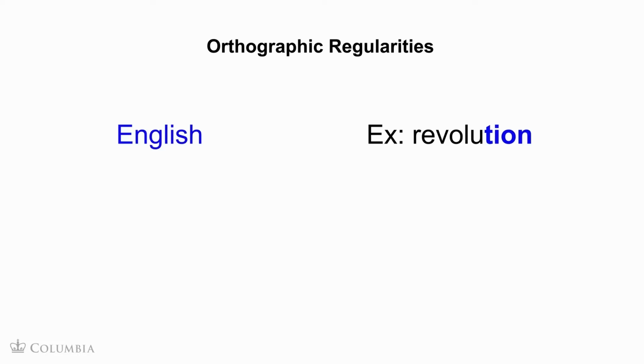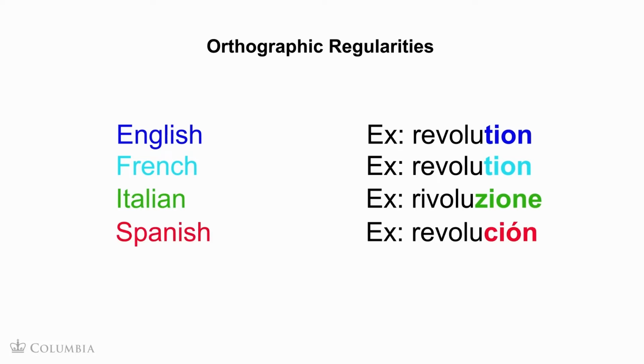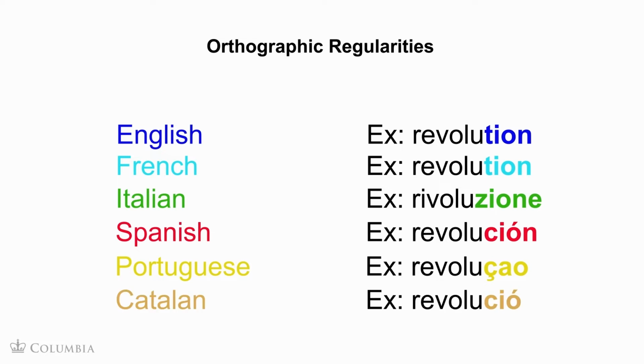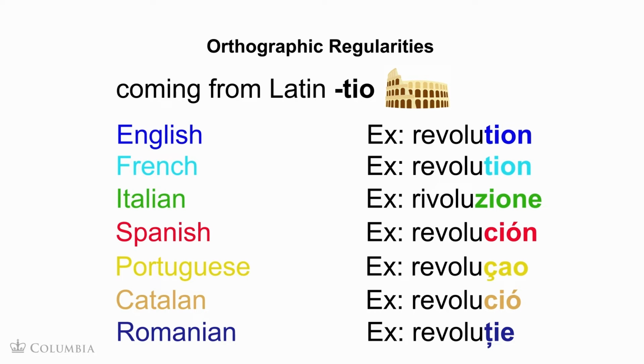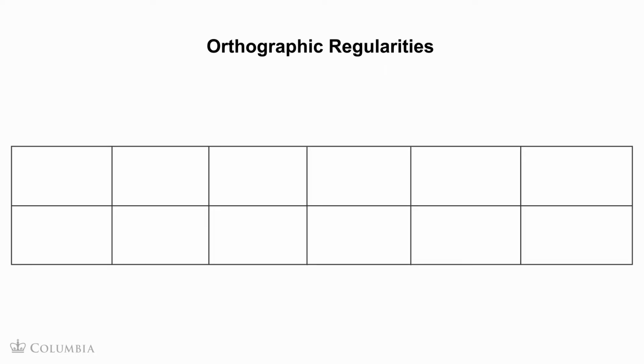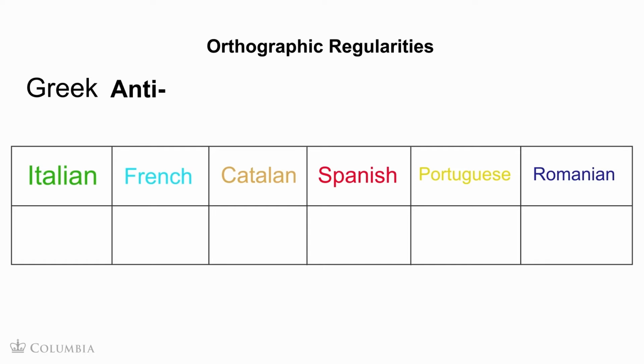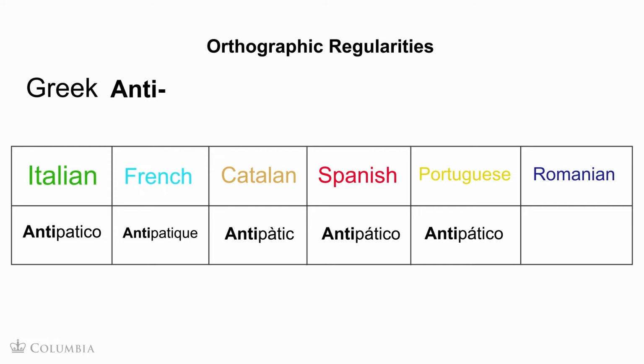Or you may be able to identify orthographic regularities that help you predict the formation of certain words, like what happens when we look at certain suffixes, like revolution, révolution, rivoluzione, revolução, revolutie, all coming from Latin tio, or in prefixes coming from Greek like anti, for instance in antipatico, antipatique, antipathic, antipatic.